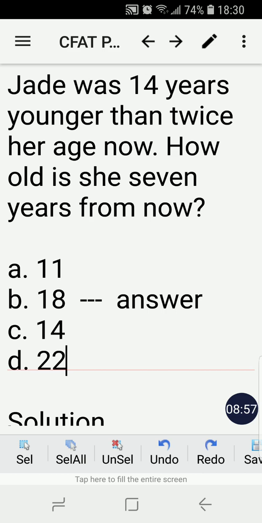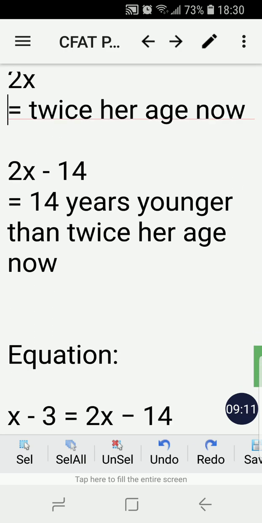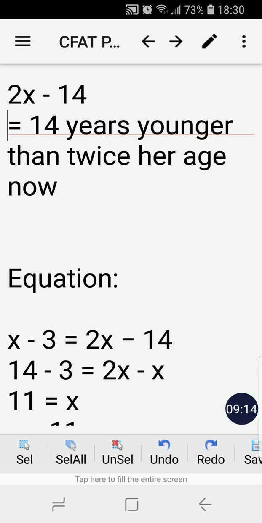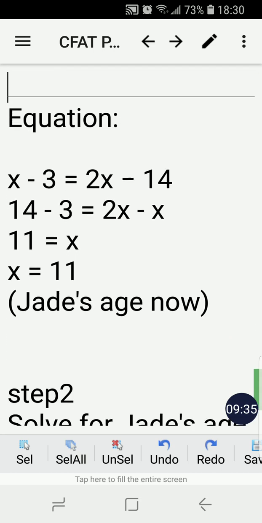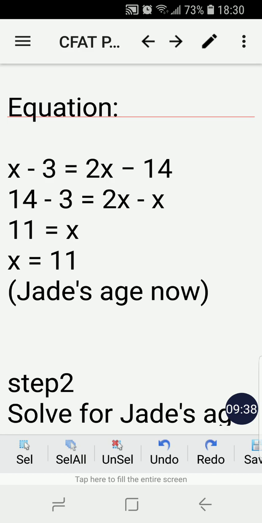We need to convert that expression into a simple one that we can understand. So it will equate into 2x minus 14. Twice her age now is 2x, and 14 years younger is minus 14. And now we will arrive at this equation.